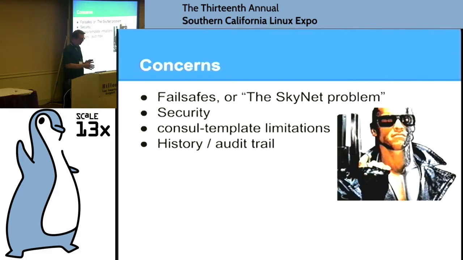I mentioned some of the Skynet issues with Consul template, but the template uses the Go templating language, and probably by design it's very simple. If you want to do anything other than what it supports, you're out of luck. You're probably better off writing your own wrapper. So that's a little bit limited.